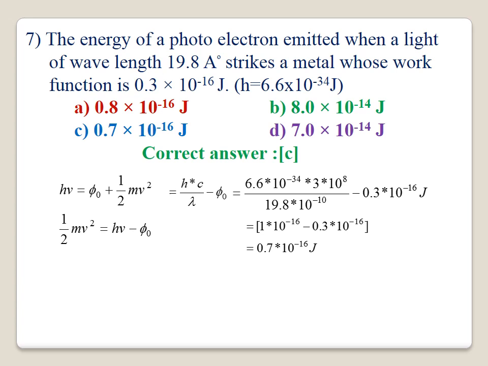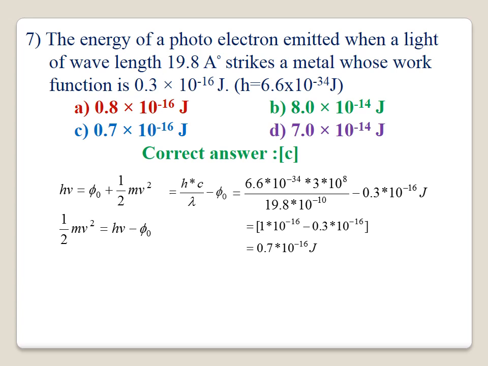According to the photoelectric equation, half m v square will be equal to h nu minus phi 0, and we are going to calculate the value of nu, that will be equal to h into c by lambda minus phi 0.